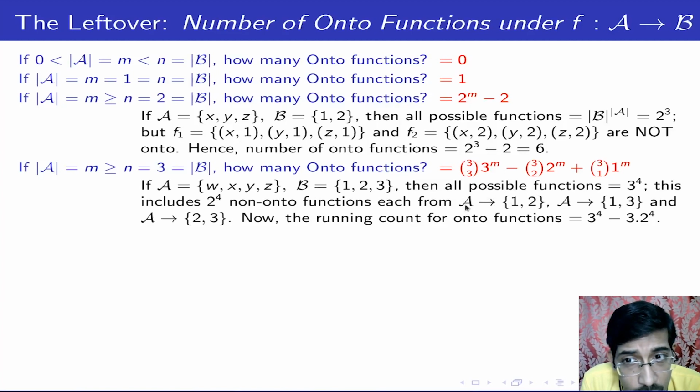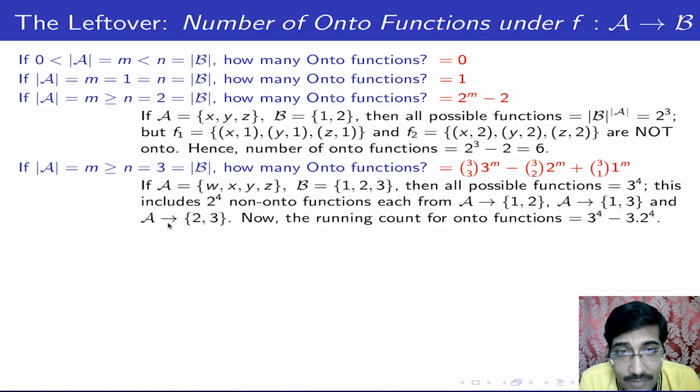So I am removing all functions from A to 1, 2, and the constant function here, W1, X1, the same constant function is also removed when I try to remove this set of functions. So I have removed the constant functions to 1 twice.